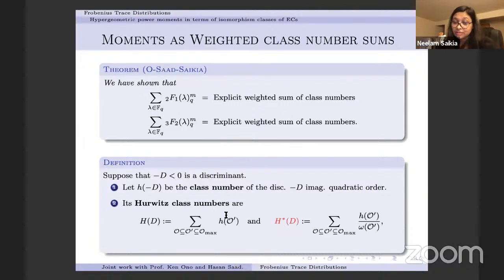The first type is defined as the sum of the intermediate class numbers of these orders, where the sum runs over all intermediate orders from the order O to the maximal order. The second Hurwitz class number, denoted h star of d, is the same but weighted by omega, where omega denotes half the number of roots of unity in an order O prime.